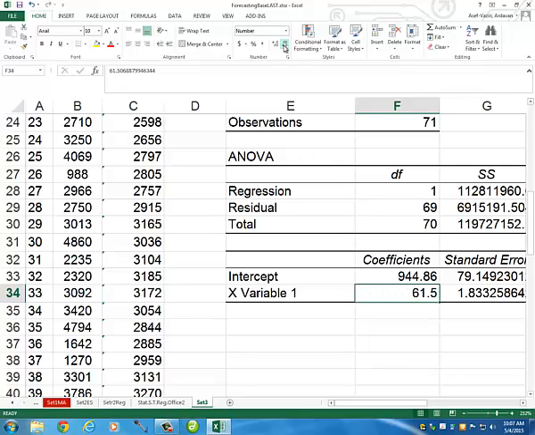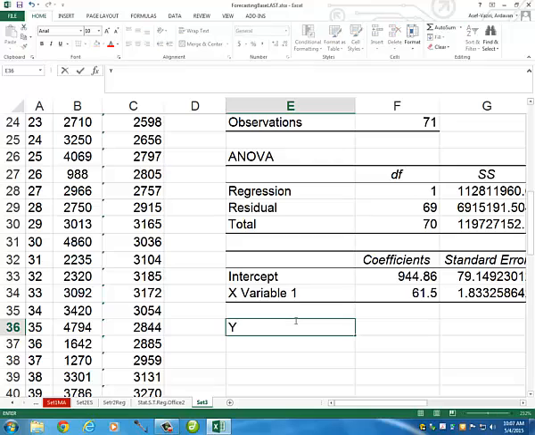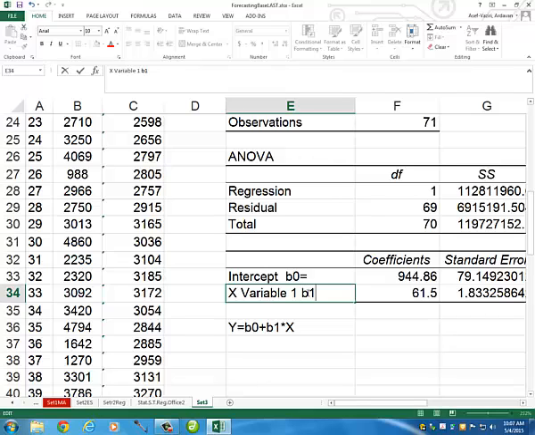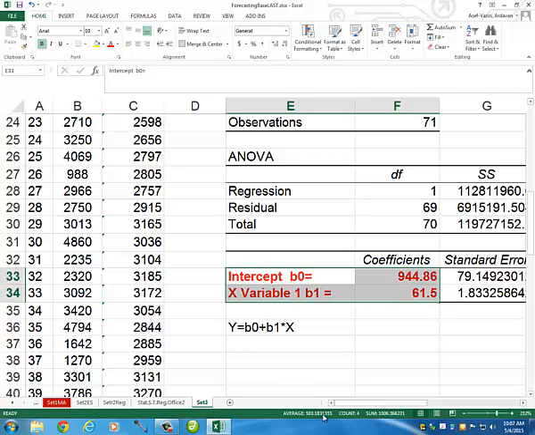We call them B0 and B1, and the equation of a line is y equals B0 plus B1 times x. In this problem, B0 is equal to 944.86 and B1 is equal to this one. These are two important numbers for us.